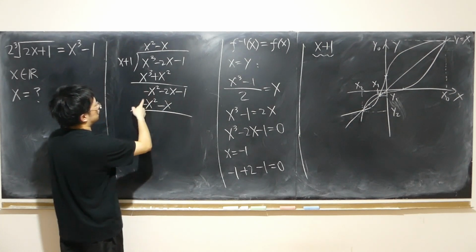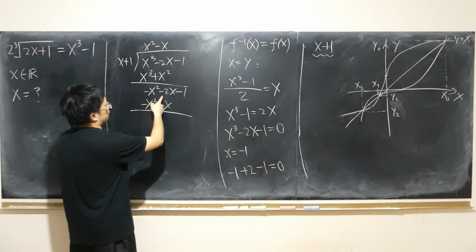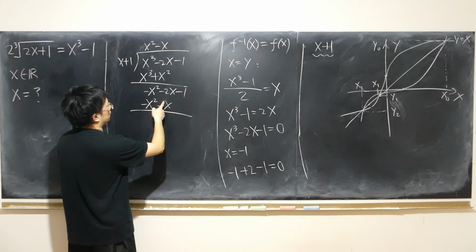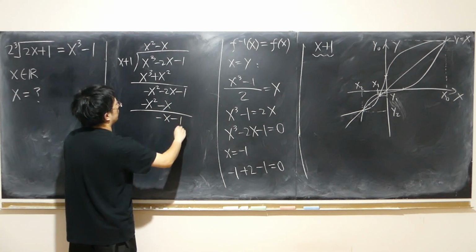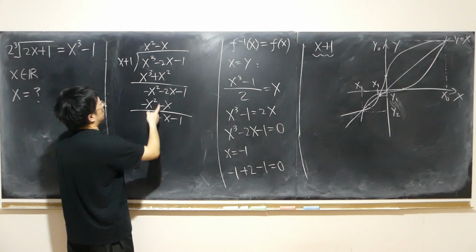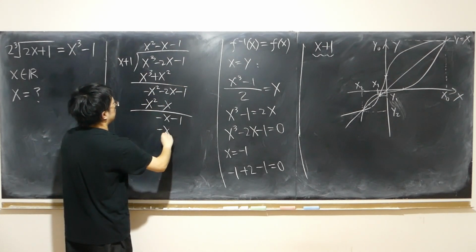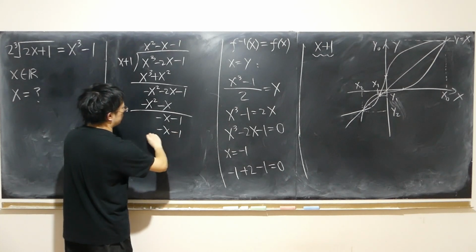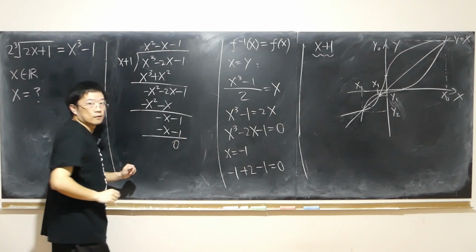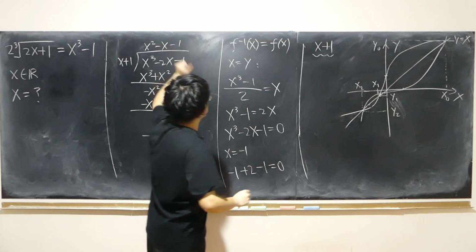So the leading term is gone. This minus that, negative x minus 1. And I come up with negative 1 here, because negative 1 multiplied by x plus 1 gives negative x, negative 1. So exactly the remaining factor is this.